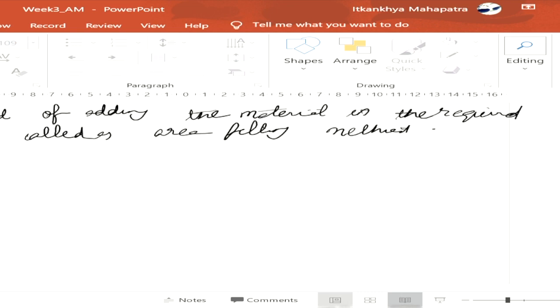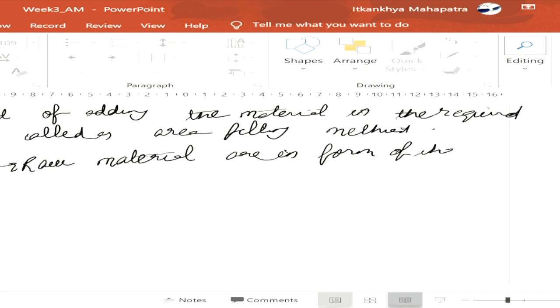Now let's take an example of laminated object manufacturing. In the LOM process, the raw materials are in the form of sheets.